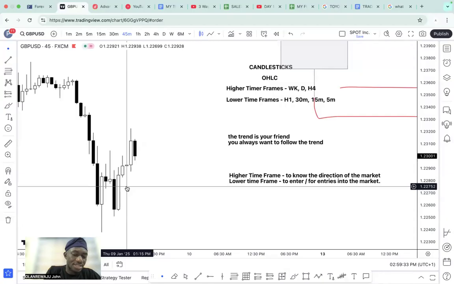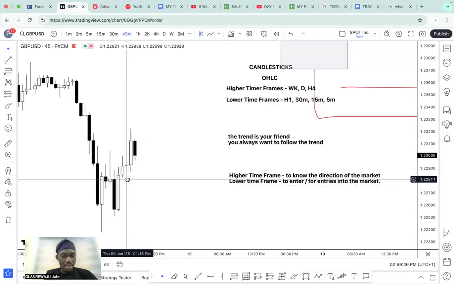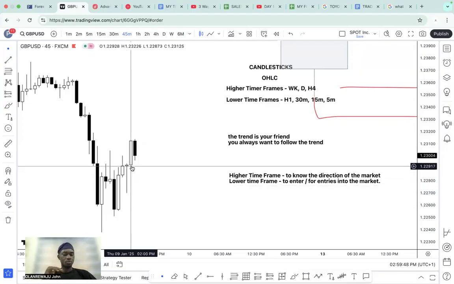Remember that the time you are seeing below is the time that candlestick opened. So opened at 1:15, it will form for 45 minutes, close by 2 p.m., and then the next one opens by 2 p.m. So the time that the previous one closed is the time that the next one opens, just as we saw on the 1 minute time frame, but you can replicate it on every chart.